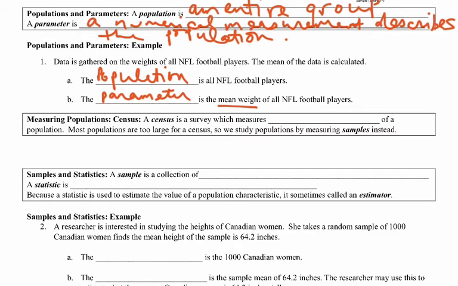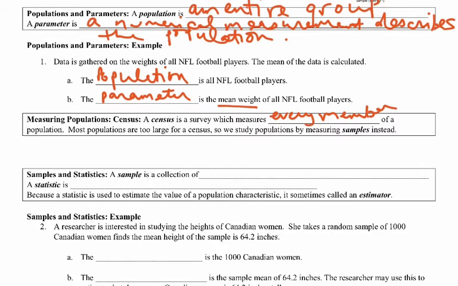A census, and you've probably heard a lot about a census recently because we're in the middle of doing one this year, but a census is a survey which measures every member of a population. The U.S. government attempts to get measurements on or data about every single person in the United States, and so that's why they call it a census.